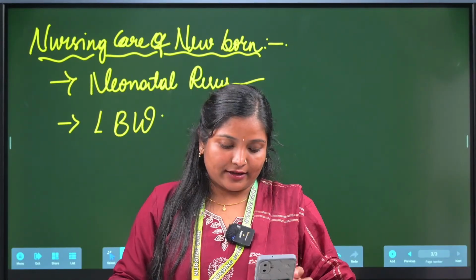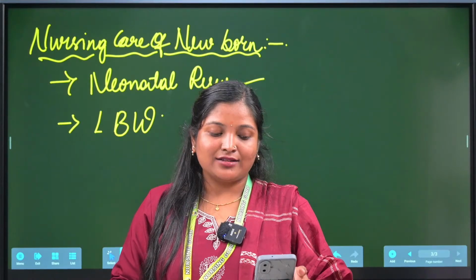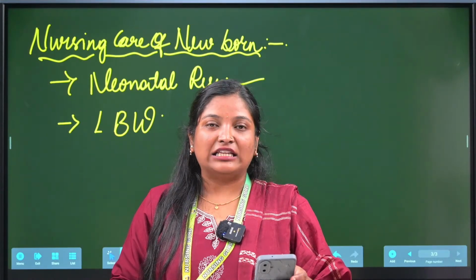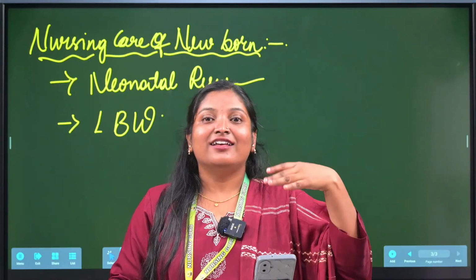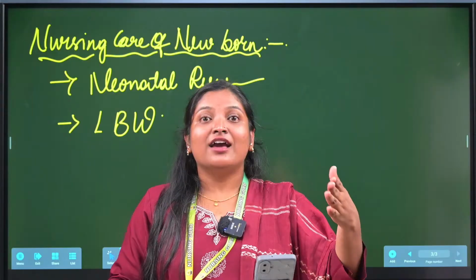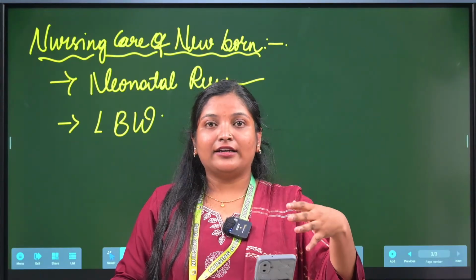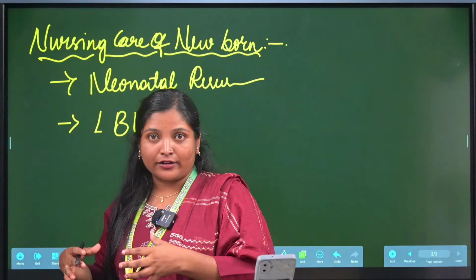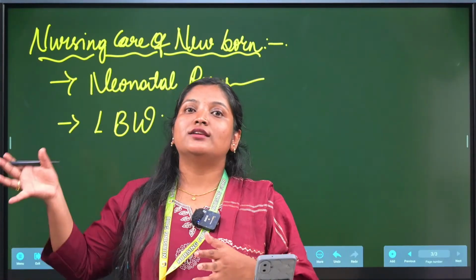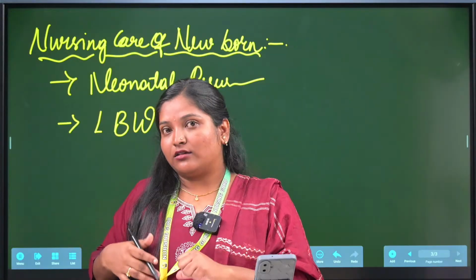The next one is kangaroo mother care. Kangaroo mother care means don't think that the kangaroo will come and give the mother care to the baby. It is not like that. Low birth weight babies cannot get sufficient warmth in the incubator also. That is why we use the family members, mother and father.